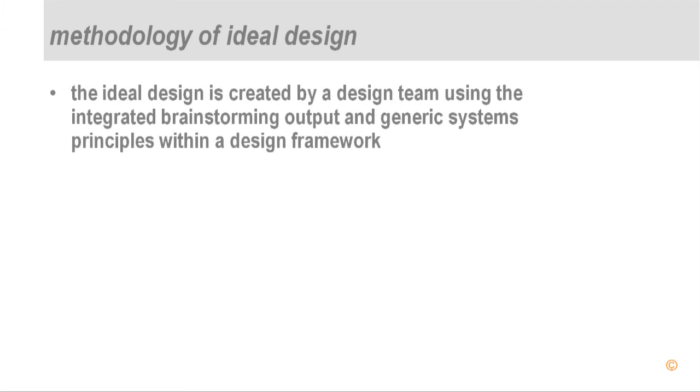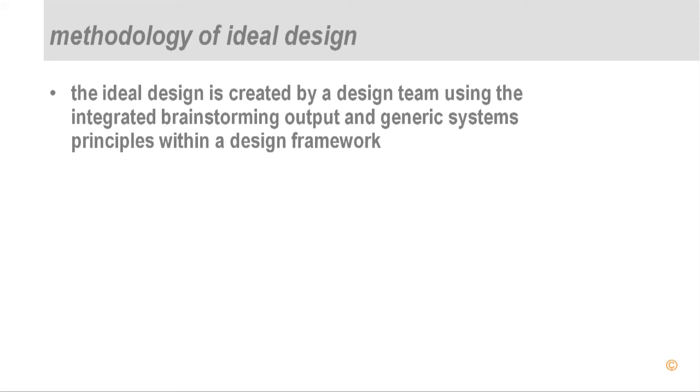The ideal design is created by a design team. And that team uses the brainstorming output as it is integrated in the notebook. It uses generic systems principles, such as we are going to learn more about in the next module and have already started to learn in the first module. And then categorizes all that information around a design framework.